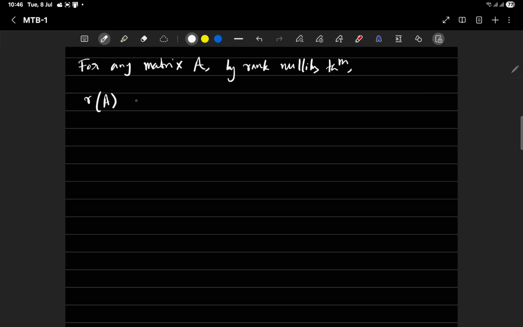Rank of A plus nullity of A equal to the dimension of R power n, as A is from Rn to Rn.